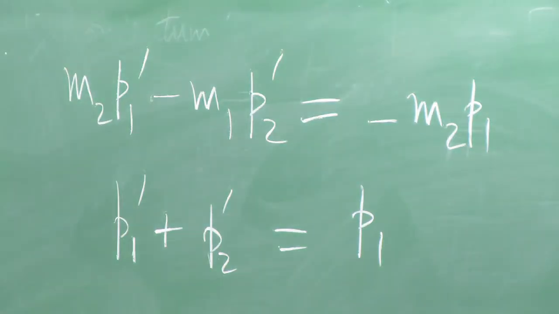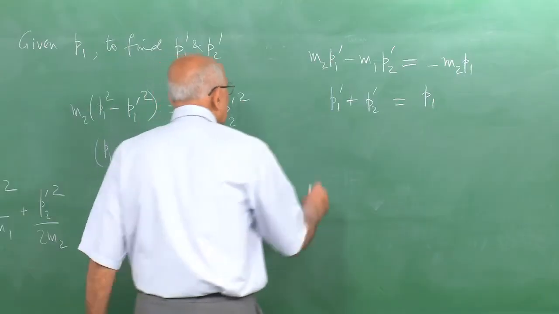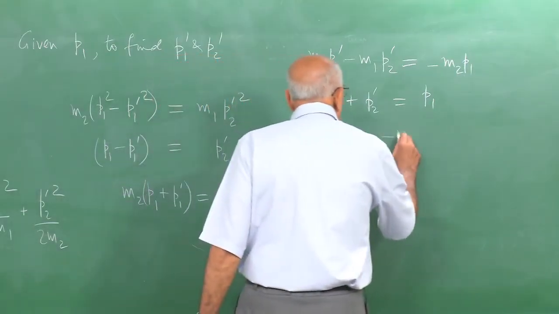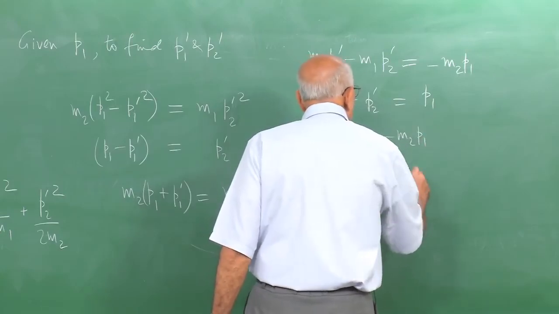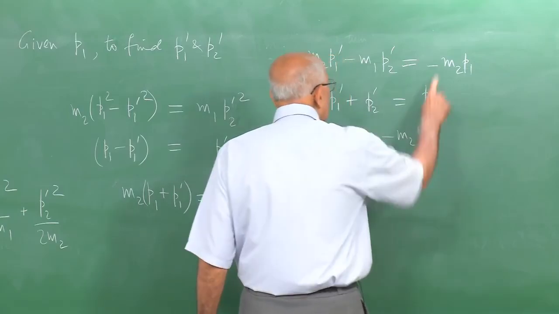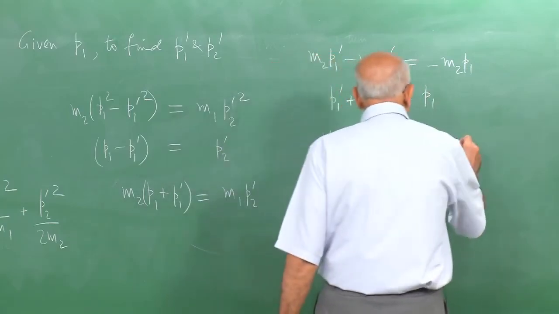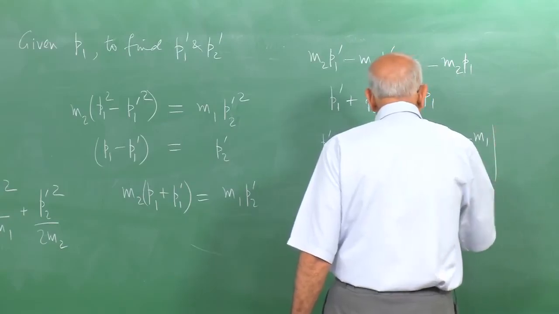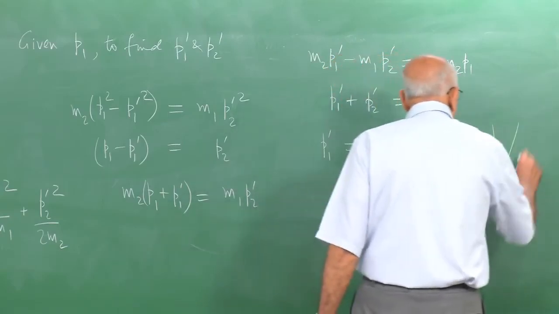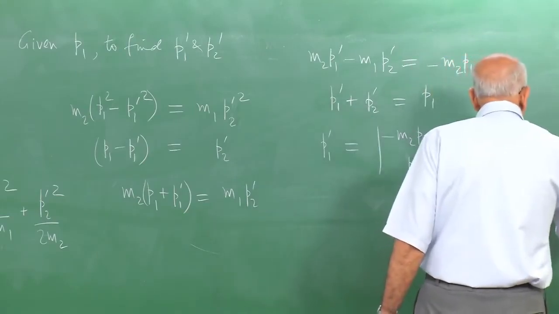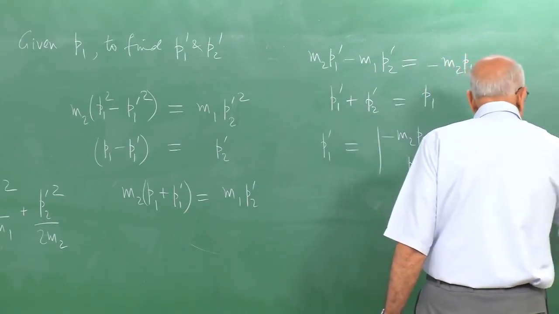So there are two simultaneous equations for which the solutions are easy to write down. p1 prime therefore is equal to minus m2 p1 and p1, these are the inhomogeneous terms, and then the coefficients here are minus m1 and 1, divided by the determinant of coefficients here, which is m2 minus m1, 1 and 1.